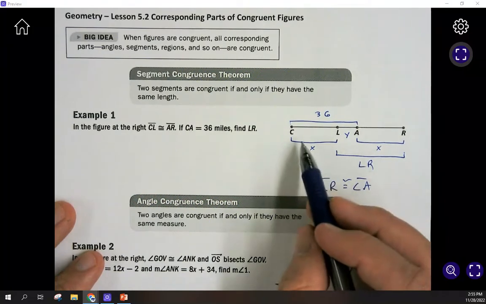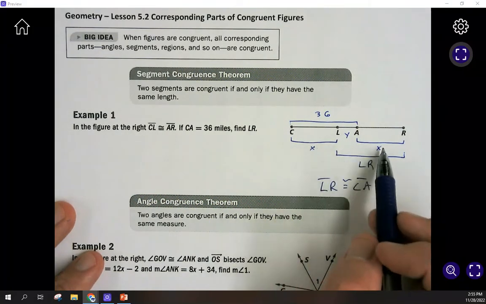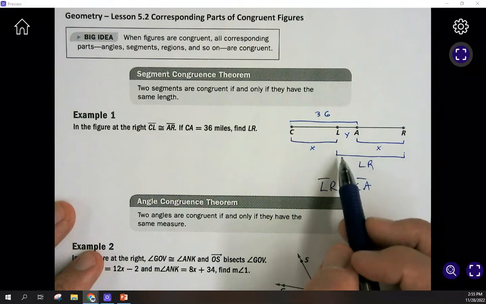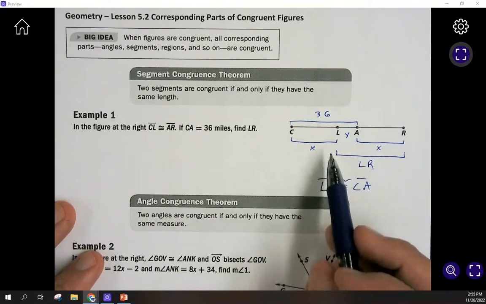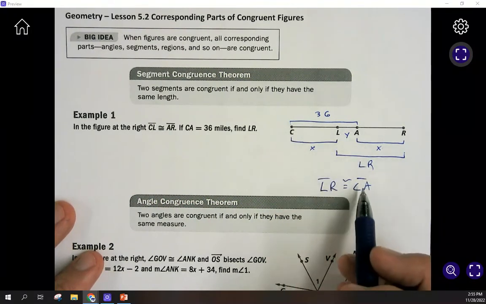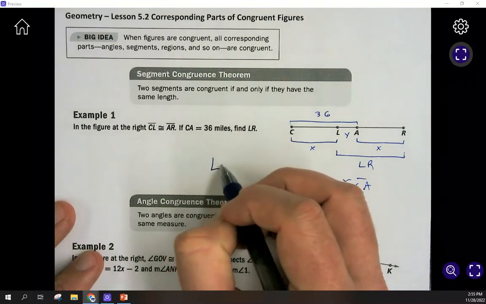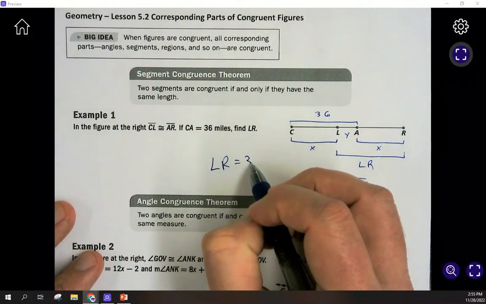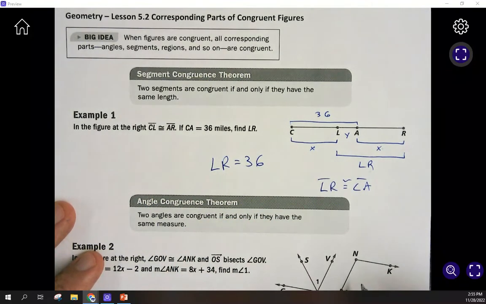We know that because it's made up of the same pieces. These are congruent to each other plus Y to make both of these. And so if CA has already been established as 36, then we know that LR also equals 36.